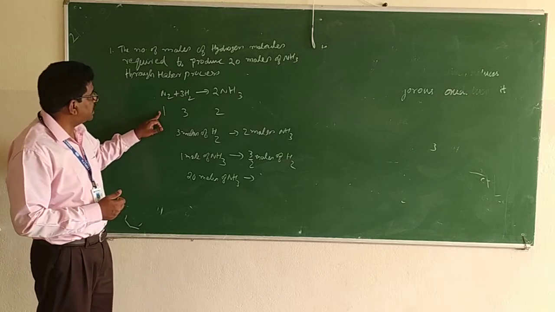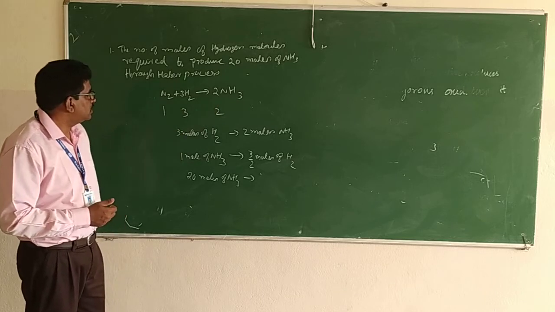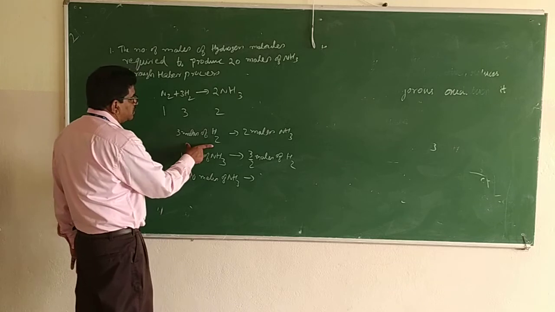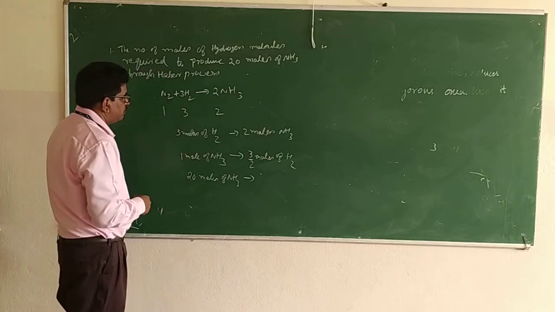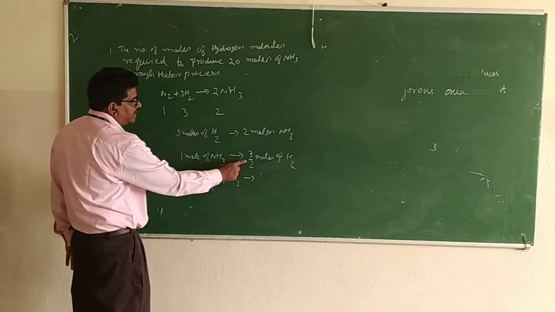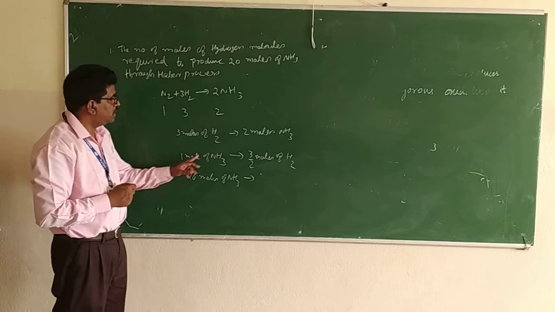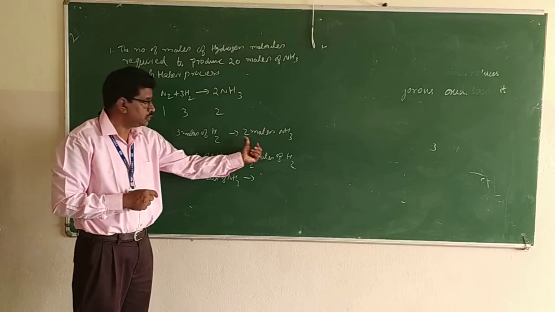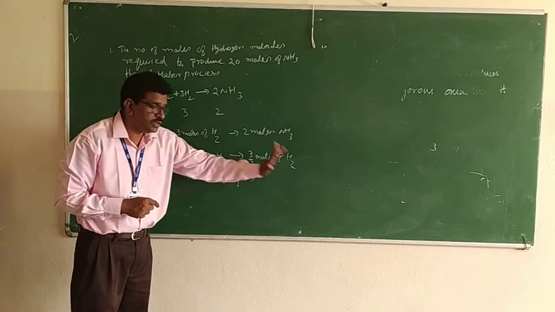So 1 mole of nitrogen combines with 3 moles of hydrogen to form 2 moles of ammonia. So 3 moles of hydrogen is required for producing 2 moles of ammonia. So for preparing 1 mole of ammonia, we need 3/2 moles of hydrogen.